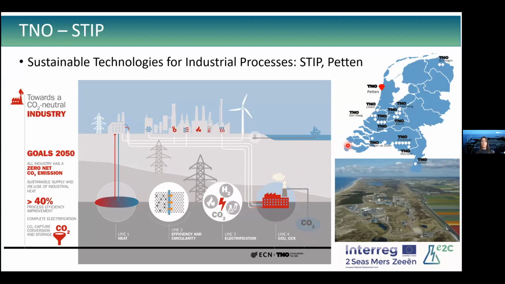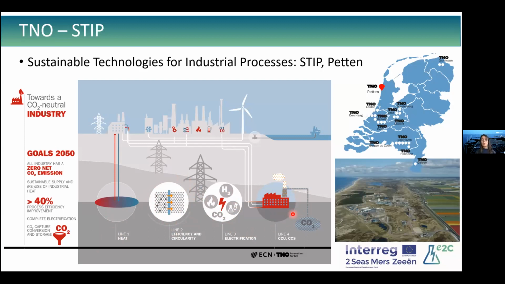We work on several lines. The first one is industrial heat. The second one is using the energy efficiently, and also working on separation technologies, for example, reuse of certain materials. The third line is electrification, including water electrolysis development and testing, for example. And last but not least, we're working on CO2 capture, CO2 storage, and CO2 utilization as well.